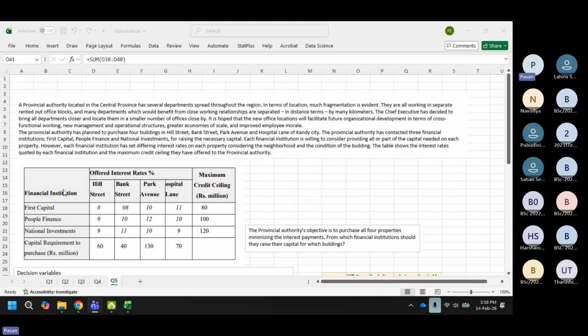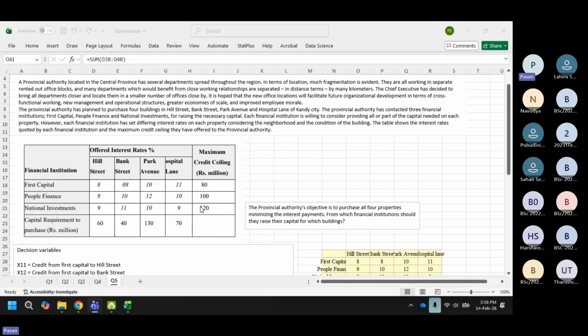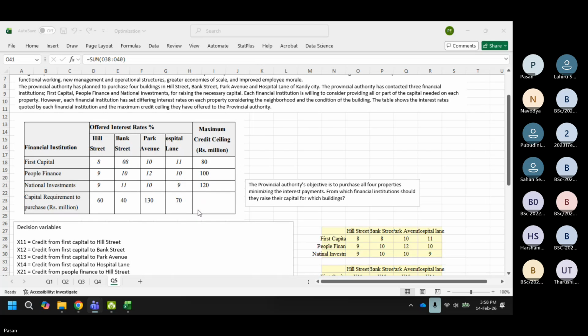Now in this case, we are doing cost minimization. This is what we need to do: minimize the cost. So let's try to identify the situation here.